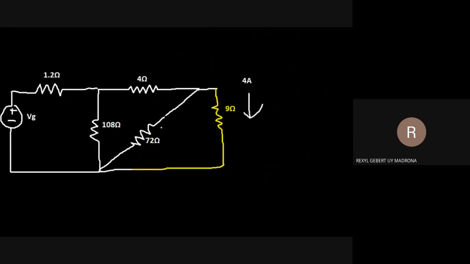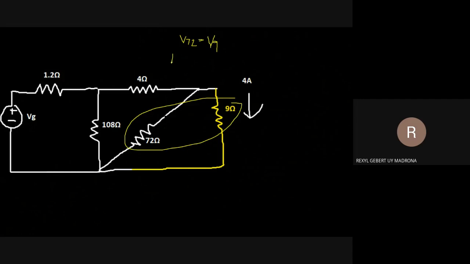So we don't know the current inside the 72 ohm resistor. Since these two connections are in parallel, the voltage in the 72 ohm resistor is equal to the voltage in the 9 ohm resistor.